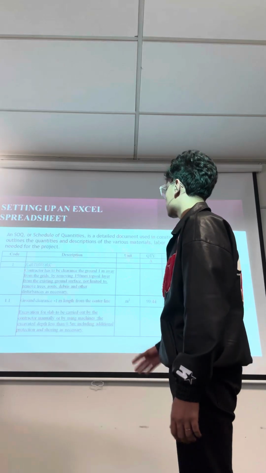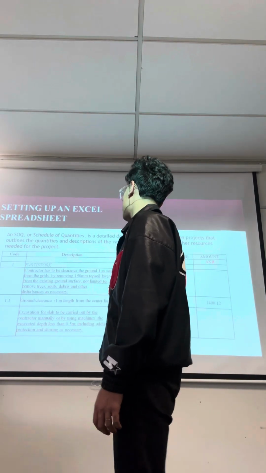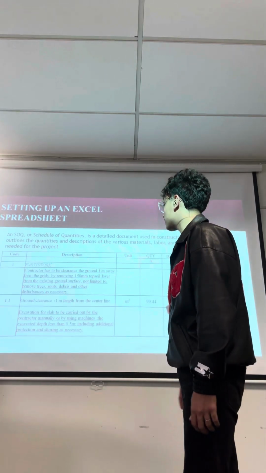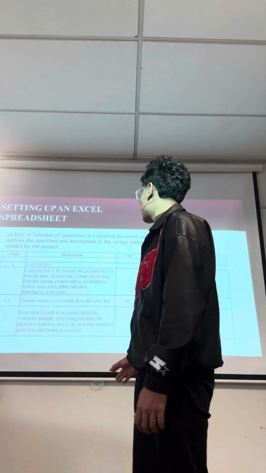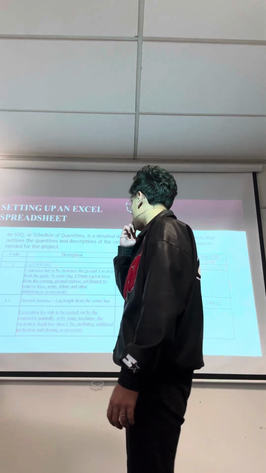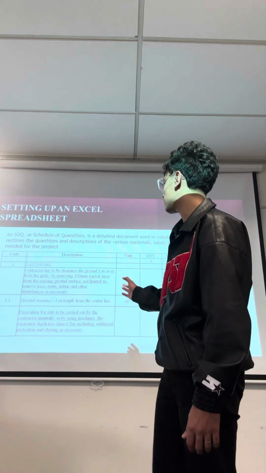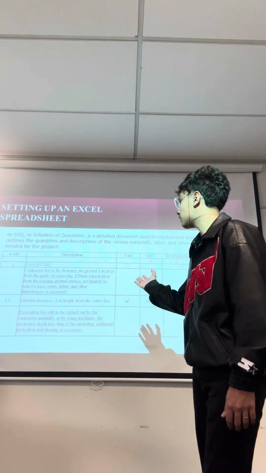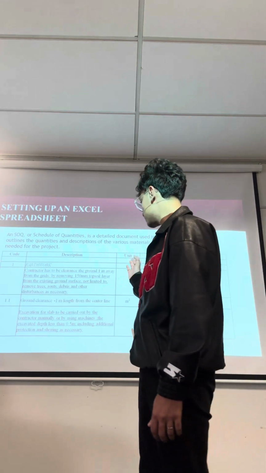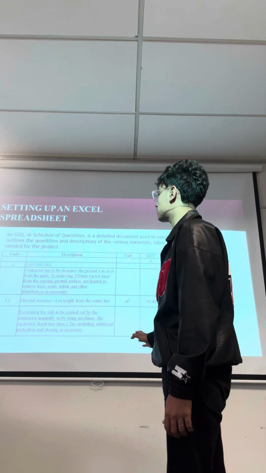So accordingly, the contractor has to clear the ground 1 meter away from the grids by removing the 150 millimeter topsoil layer from the existing ground surface, including but not limited to removing trees, roots, debris, and other disturbance as necessary.